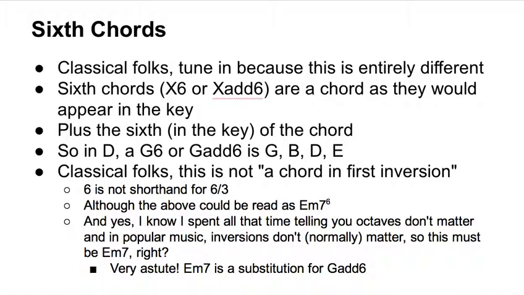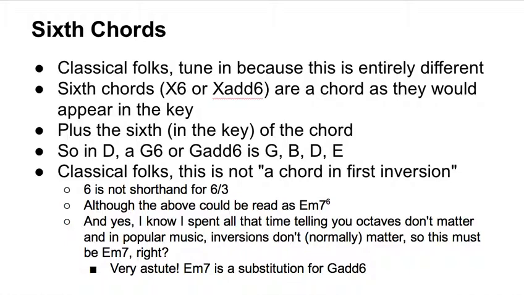So in the key of E, E, G sharp, and B, but then you add a 6th in the key of that chord. So an E add 6 would be E, G sharp, B, and C sharp. If you're in the key of D, a G6 is going to be G, B, D, and then you add just a second above that, which becomes an E.